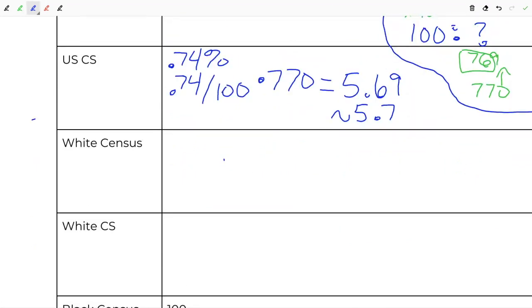Now, of the people on our lawn, how many of them are white? We're going to take our white population is 64%.